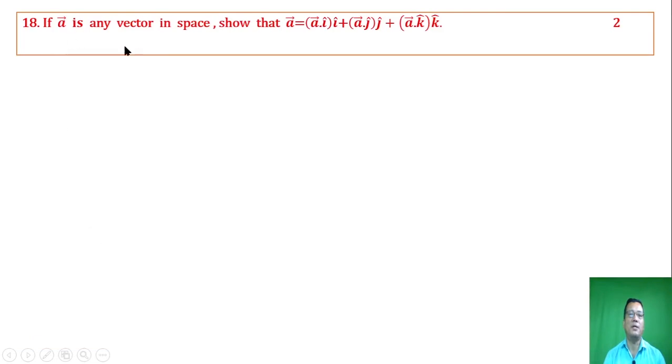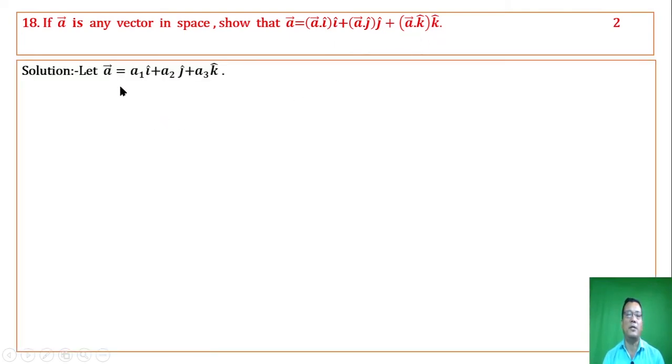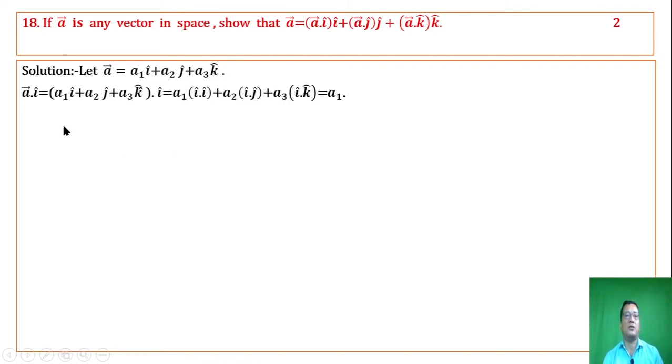Number 18. If a is any vector in space, then the vector can be expressed as a dot i times i cap plus a dot j times j cap plus a dot k times k cap. Let vector a equal a1 i cap plus a2 j cap plus a3 k cap. Then a dot i is a1 i dot i plus a2 times i dot j plus a3 times i dot k. i dot i is 1, i dot j is 0, i dot k is 0, therefore the value is a1.